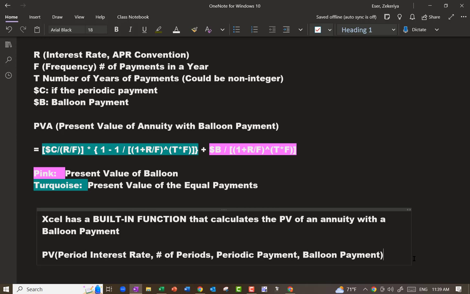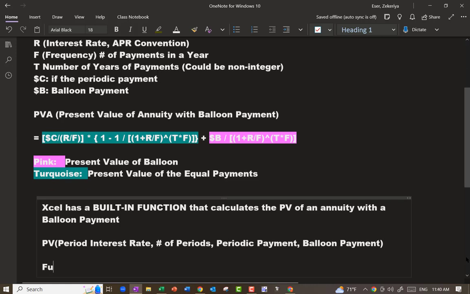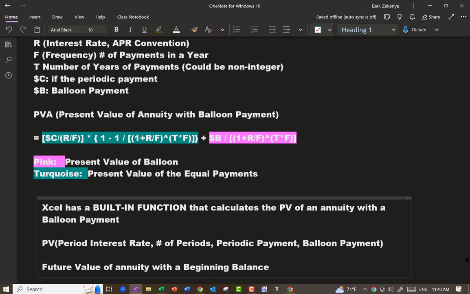All right. Now, we will also talk about future value of an annuity, with a starting balance, or let's call it beginning balance. Here, $B is going to be the beginning balance.